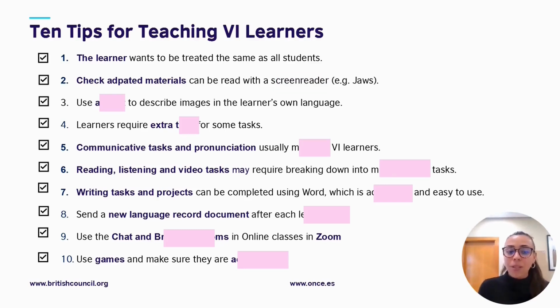Use something to describe images in the learner's own language. Alternative text. Learners require extra something for some tasks. Extra time. Communicative task in pronunciation usually something. Visually impaired learners. Motivated.